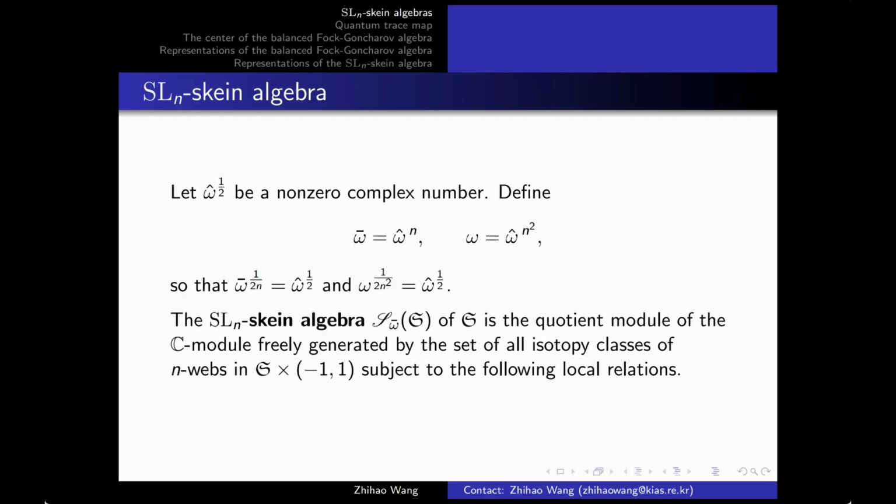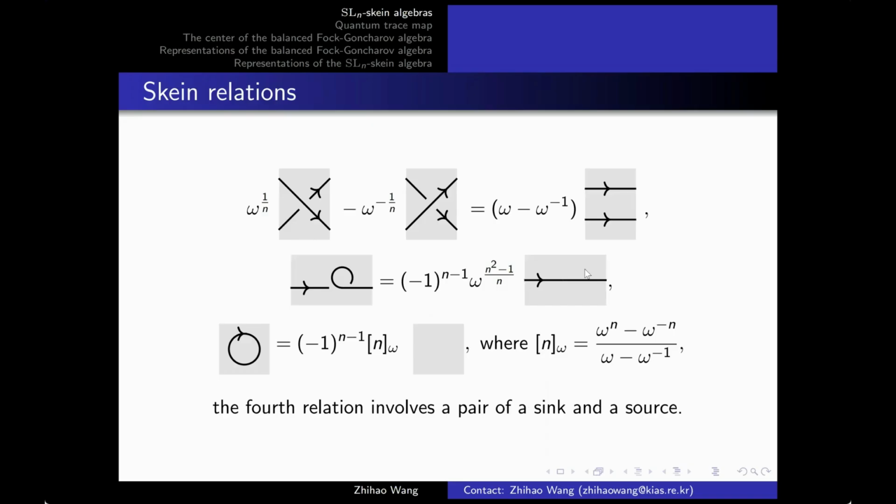Now let's look at these relations. We have four relations. Let me explain how to understand them. These relations are local, and this gray square is the projection of an open cube. An open cube is just this square times a very small open interval, and we project the pictures inside this open cube to this open gray square.